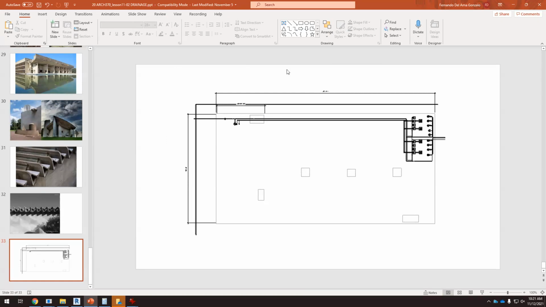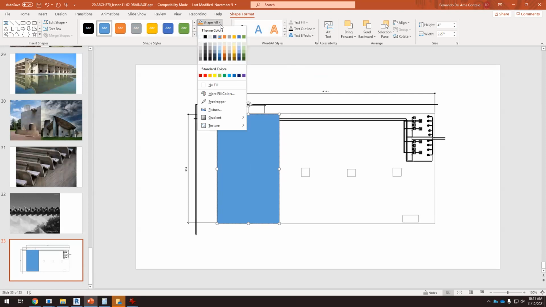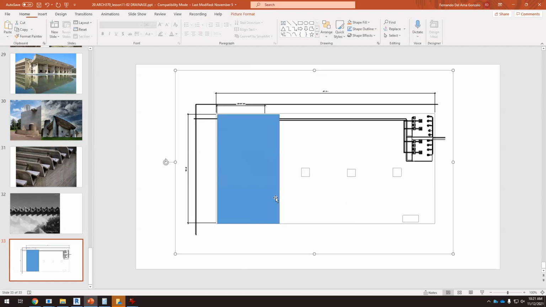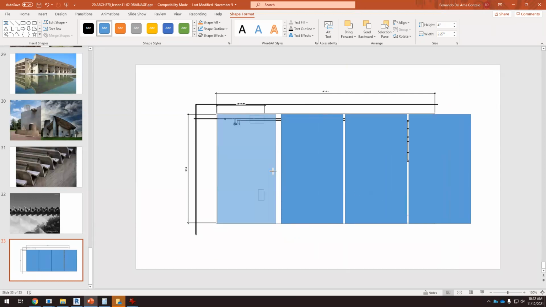If we divide this in 4 sectors, I'm going to divide this in 4 sectors: 1, 2, 3, 4, right.